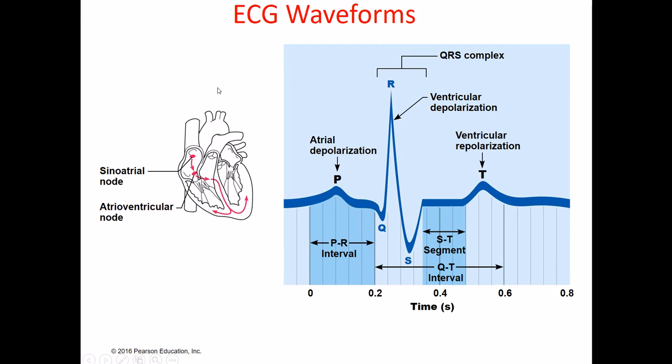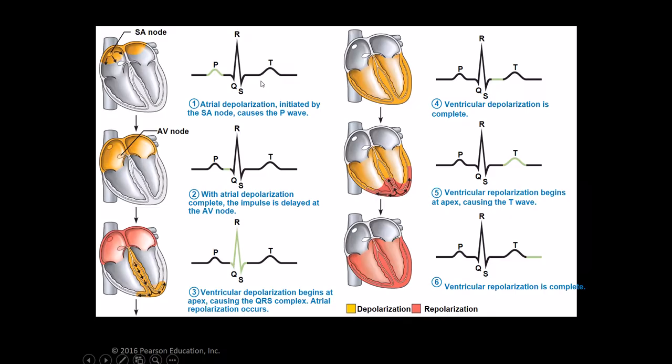So let's follow the depolarization and repolarization through the heart as it compares to the waveforms on the ECG. So here's our SA node. Remember, it spreads across to the left atrium, and that's our P wave.